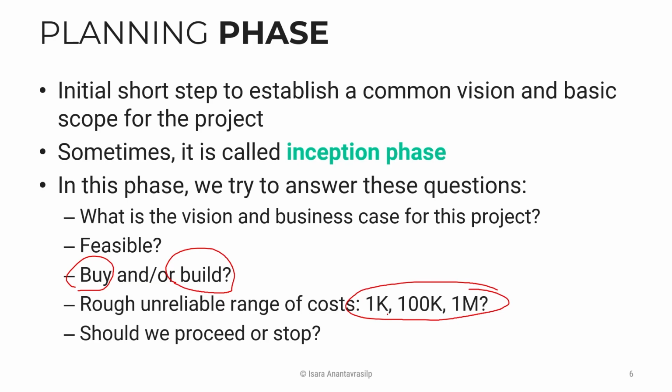When a customer comes asking, we have this idea, how much does it cost, I say, you are going to need this component, this component, this component. I haven't done that before, but I think it should be comparable to one of those projects we have done, and that is going to cost you 2 million, maybe around 6 to 12 months of development, something like this. That is how you get these ranges.